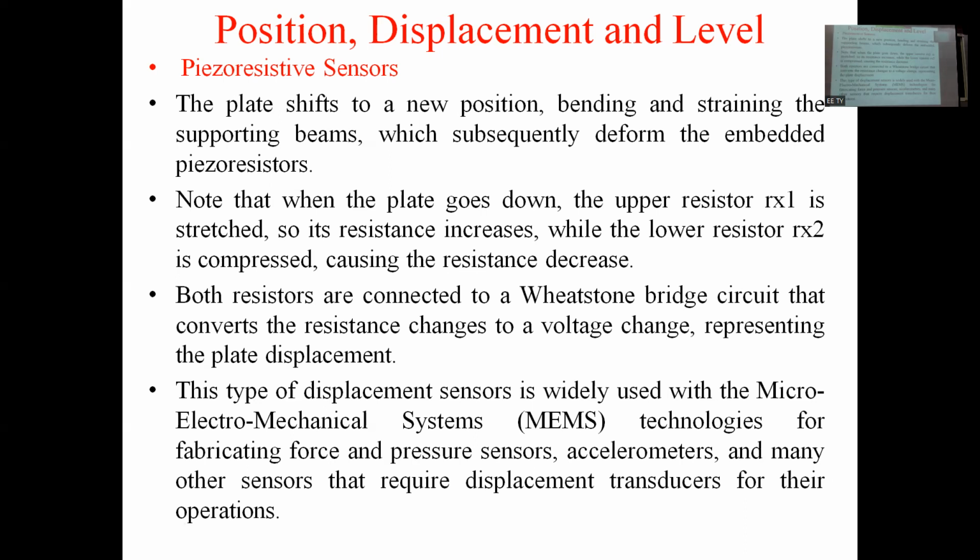So this is piezoresistive type of sensor. This type of displacement sensor is widely used in micro electromechanical system MEMS system or micro machining system. Micro electromechanical system किंवा MEMS system, micro electromechanical system or micro machining system मध्ये यूज केलं जाईल.